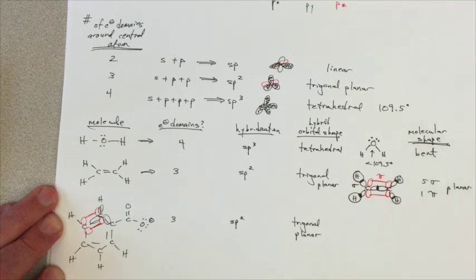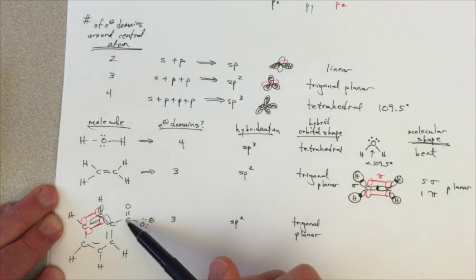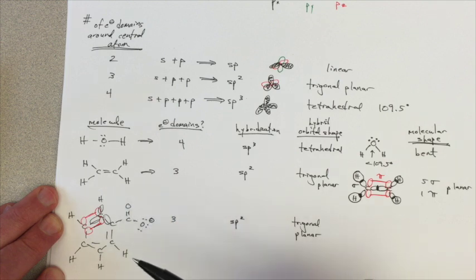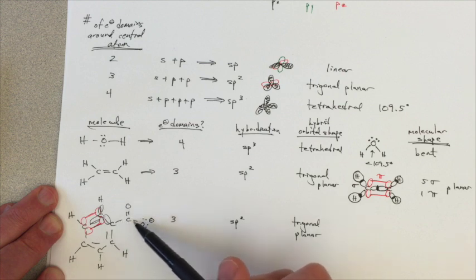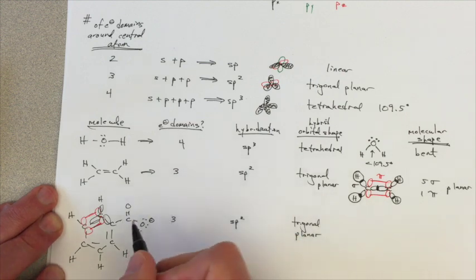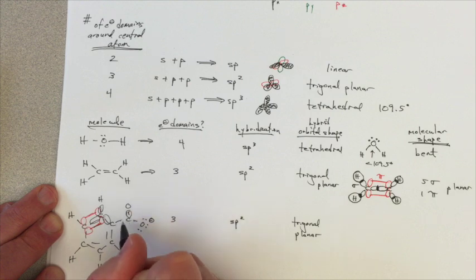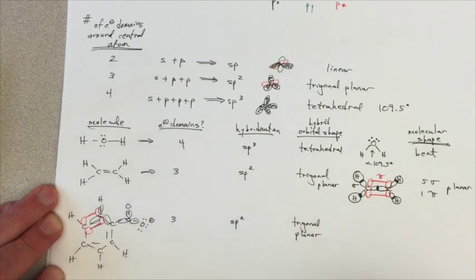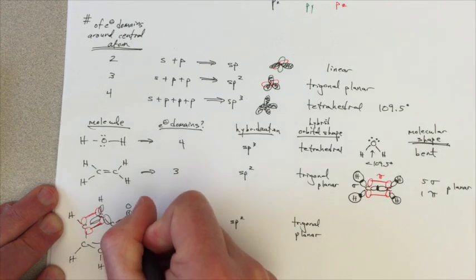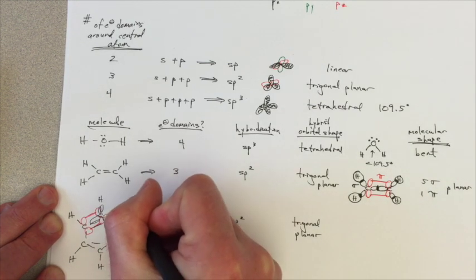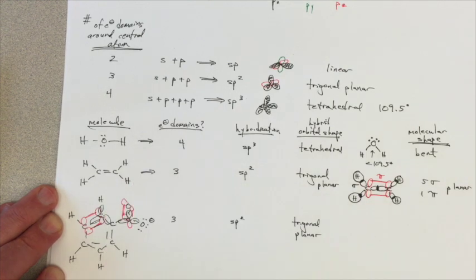If we consider this carbon, we also see that it has 1, 2, 3 electron domains. It's also trigonal planar, and it's forming sp2 hybrid orbitals, plus it has its extra p orbital, which is able to interact with the oxygen to form that double bond.